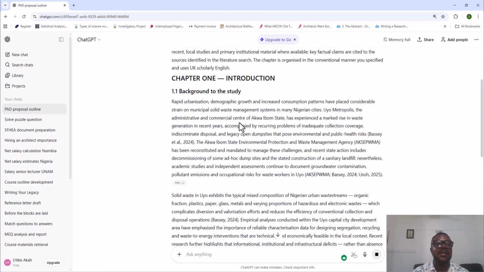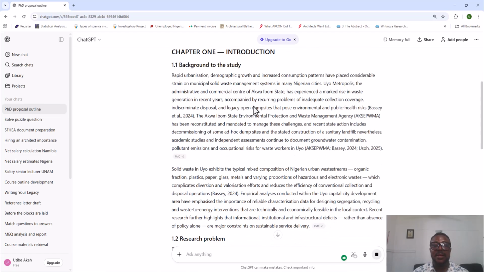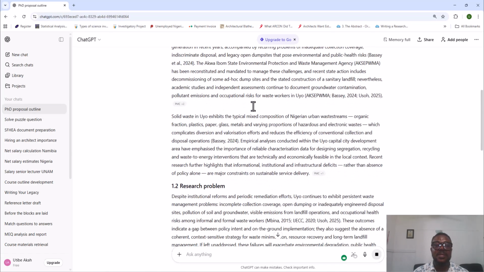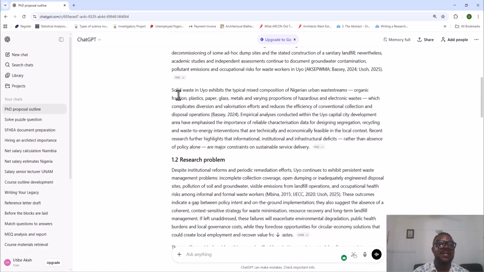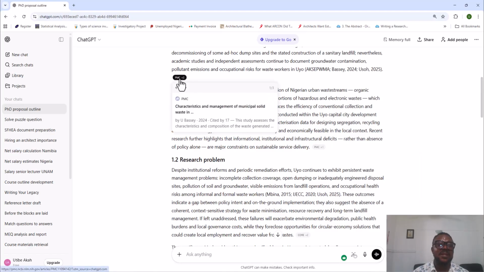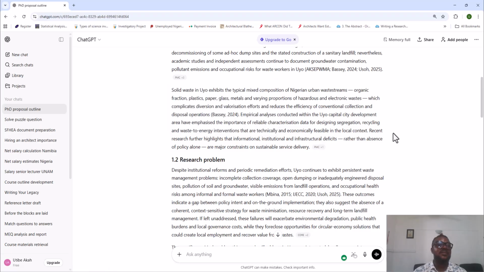As you can see, from chapter 1 introduction, we have 1.1 background to the study as we had advised it to. We get that instruction. And you see those things are already coming up here. So when you see something like this, PMC, and so on, the links show that these things are actually real.